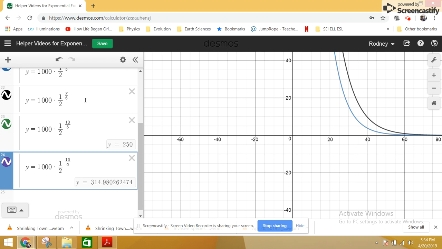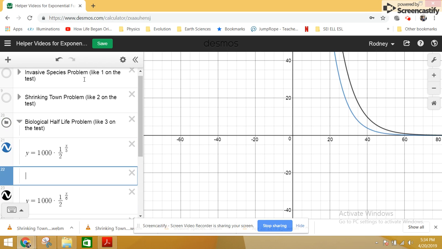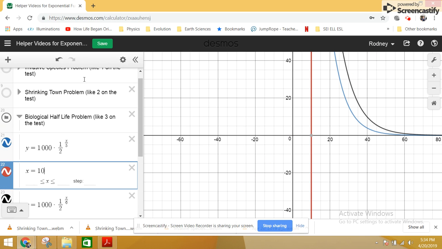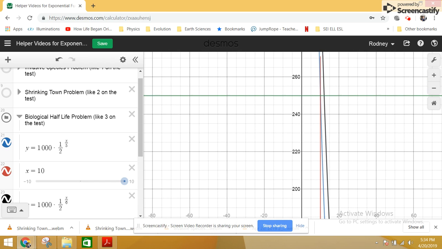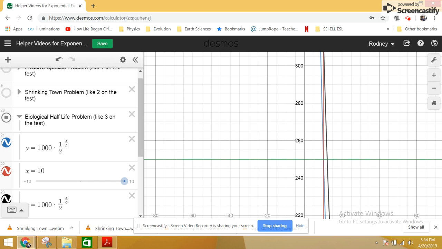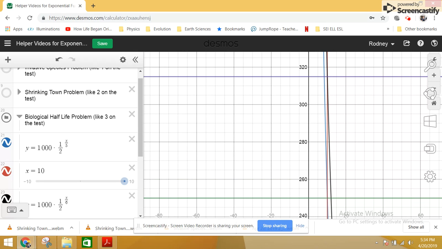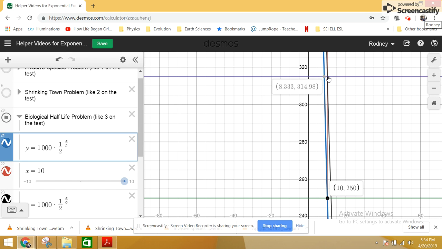I could have also done this by saying x equals 10, and then I would see where this function intersects. I'm just going to have to move the function until I find the intersection points for my two functions here. This is right there, 250 and 314.